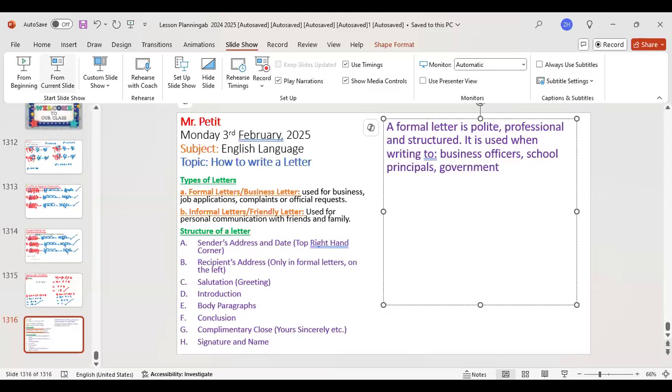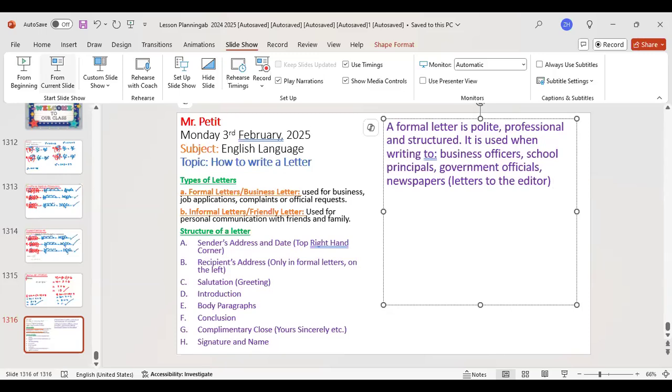Even when you're writing to newspapers, that would be letters to the editor. So that would be your formal letter. Okay?